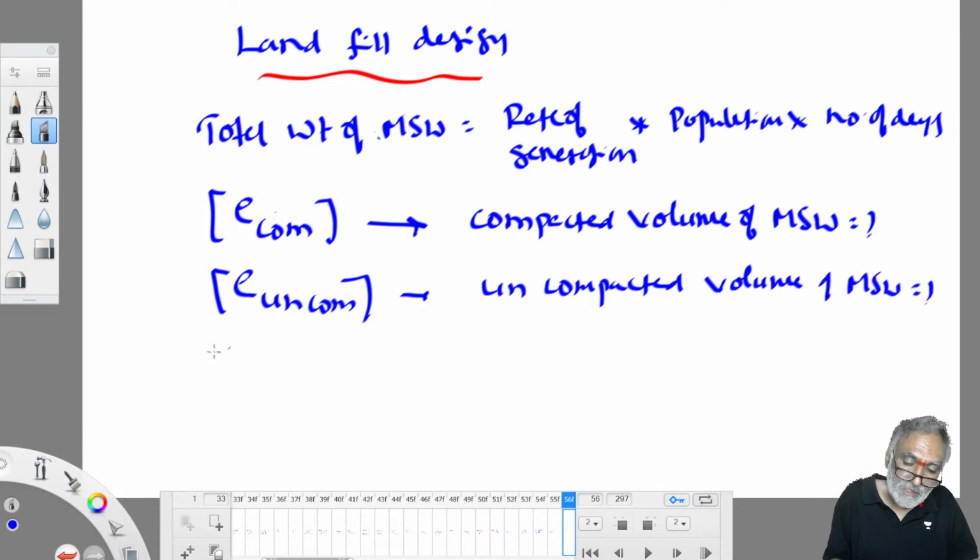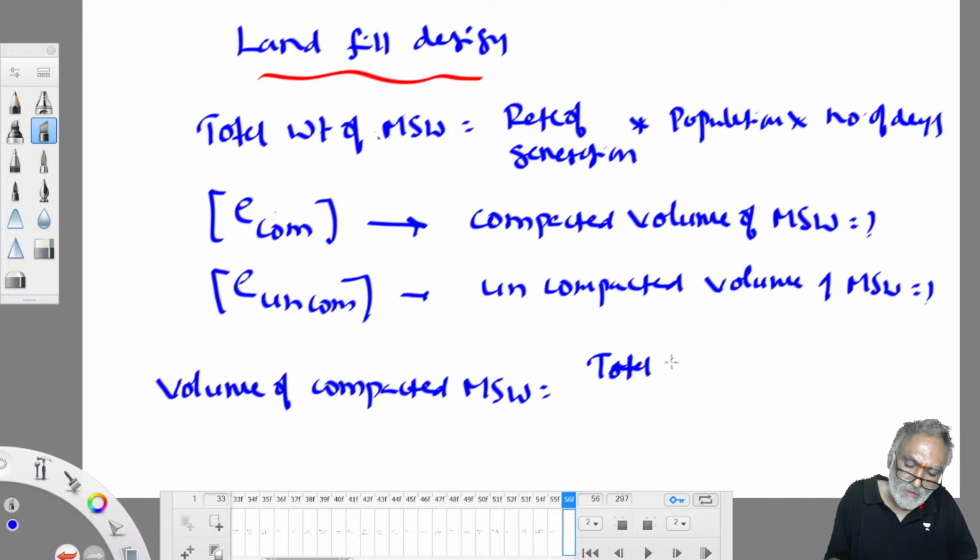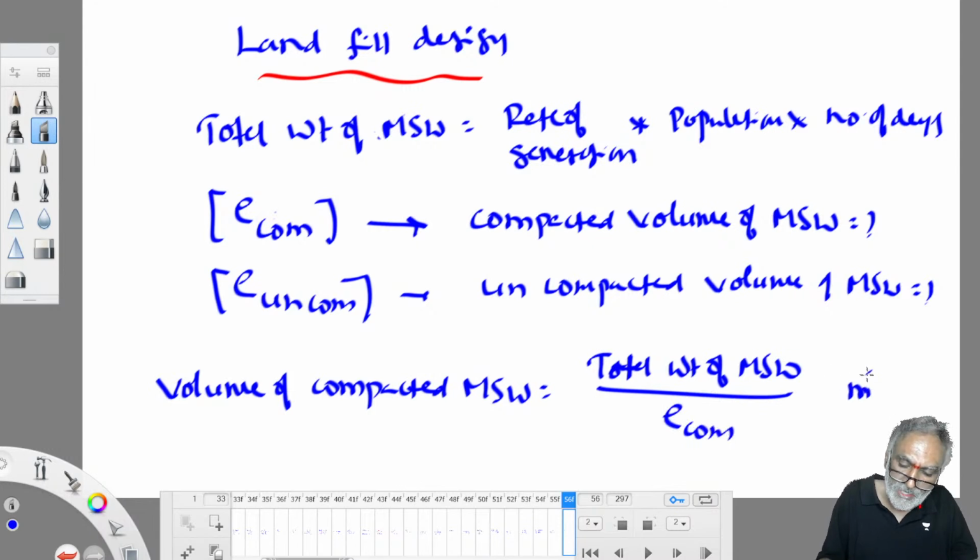Okay. So if you know density of compacted solid waste, then volume of compacted MSW is equal to total weight of MSW generated by density of compacted. This will give so and so meter cube.